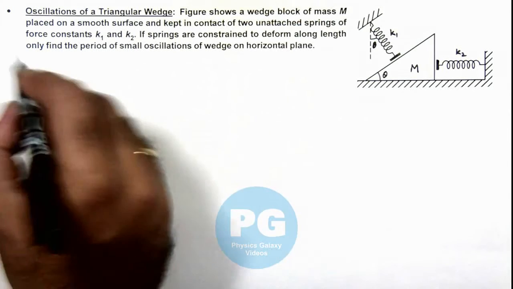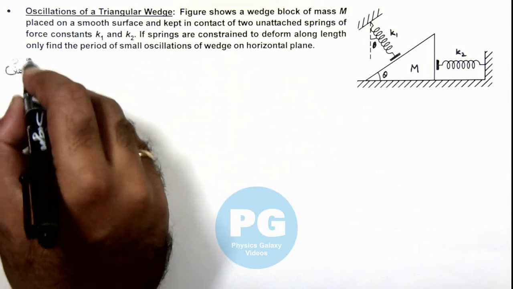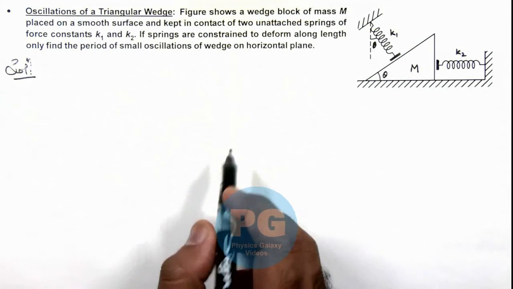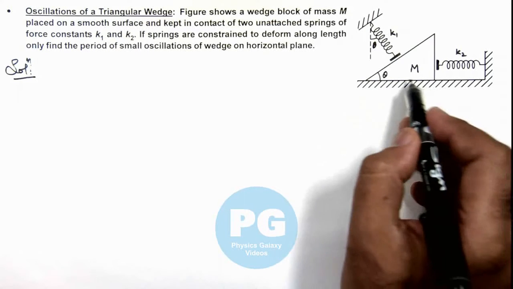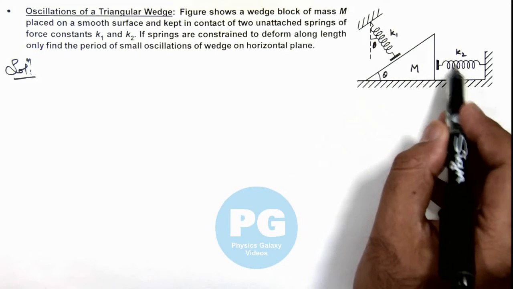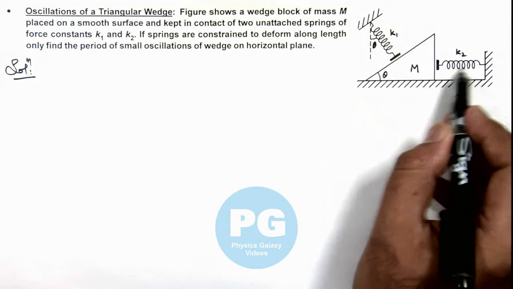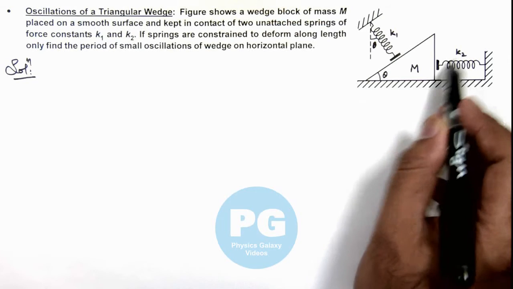Here in this situation we can first find out the deformation in spring K1 when the wedge moves, because when it goes toward right, the oscillations of the wedge with respect to the K2 spring will have angular frequency root of K2 by m.